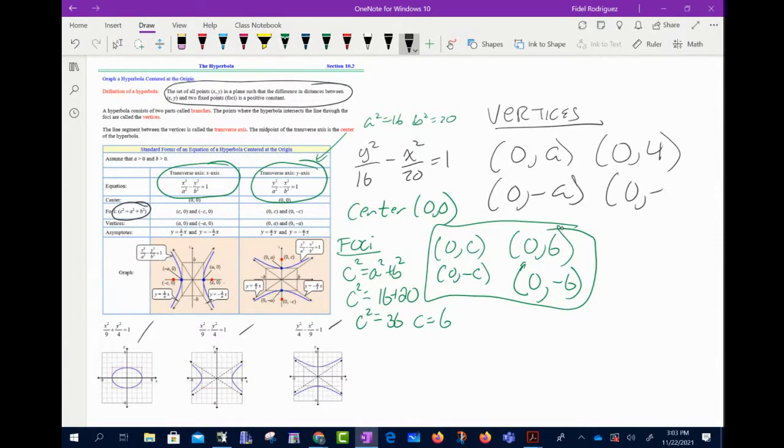So 0, 4, 0, negative 4. Okay. And let's take a look. We got another part here. We got to find the asymptotes. And again, I will explain what the asymptotes mean in a second.